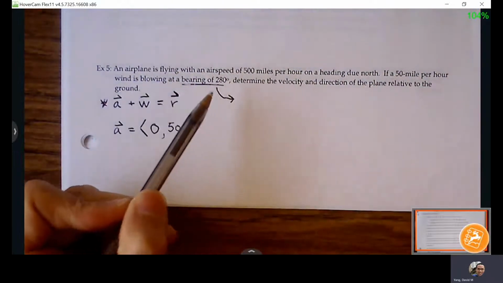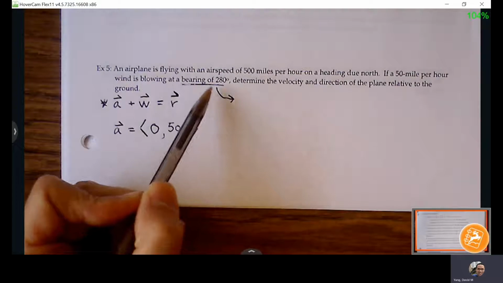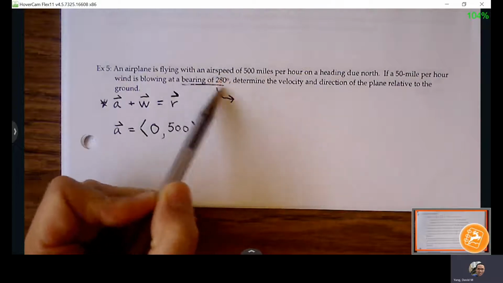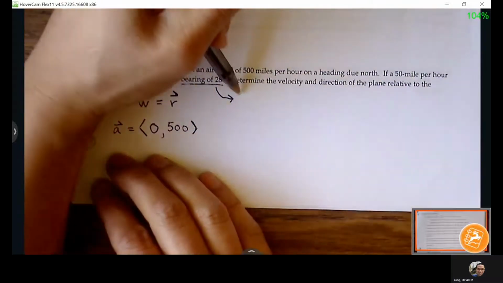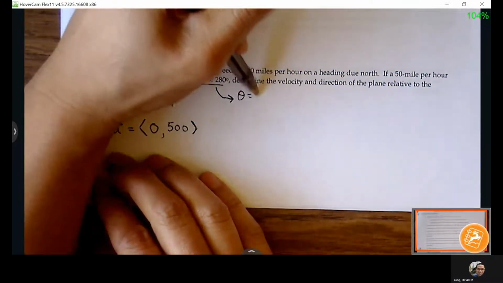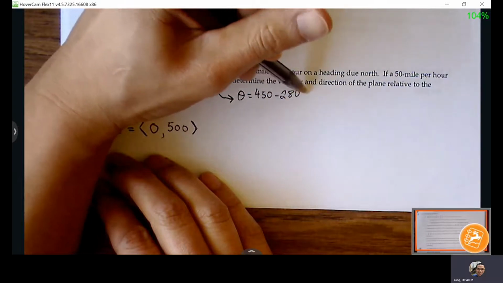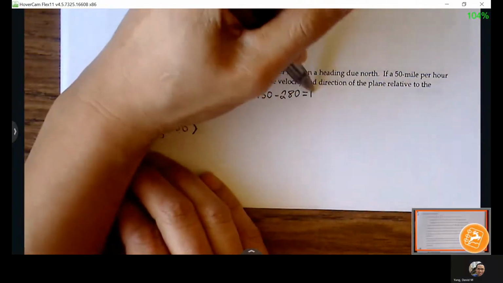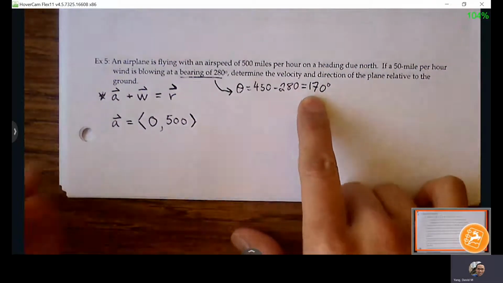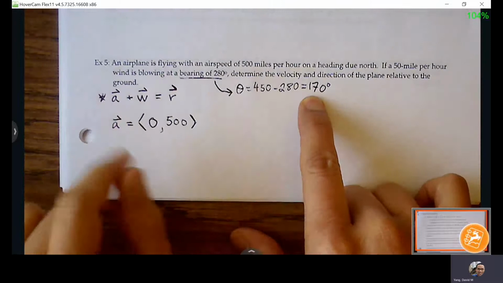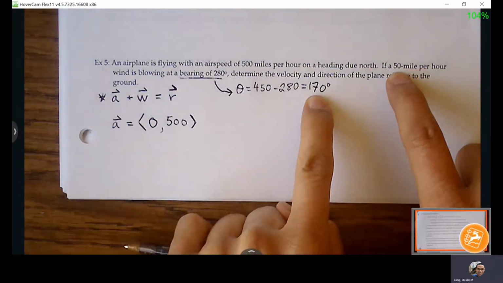Instead of subtracting from 360, if we subtract from 450, we can get what that bearing is really in terms of standard position.